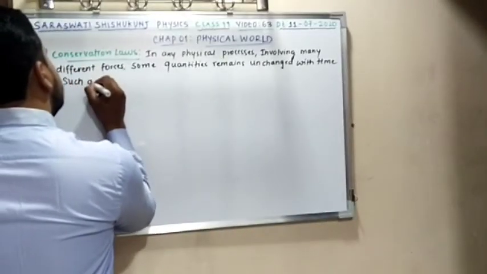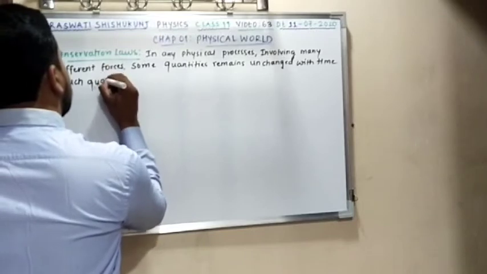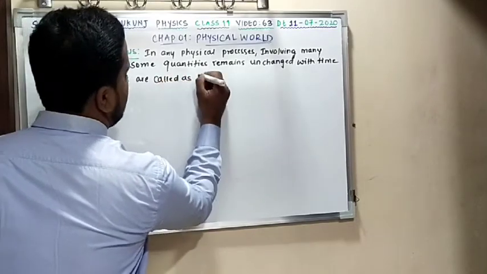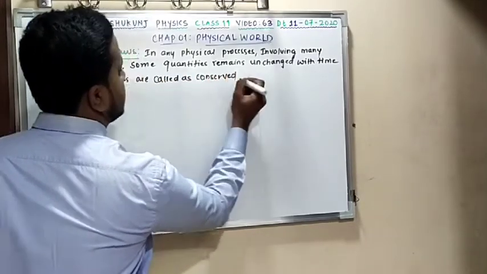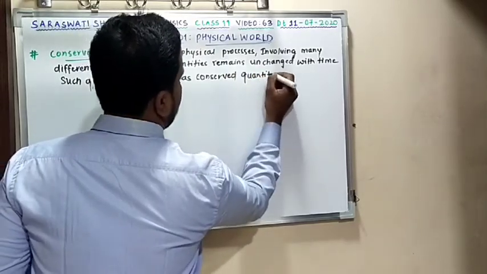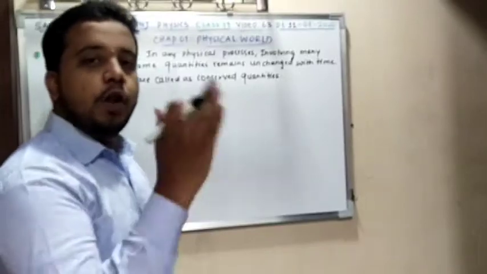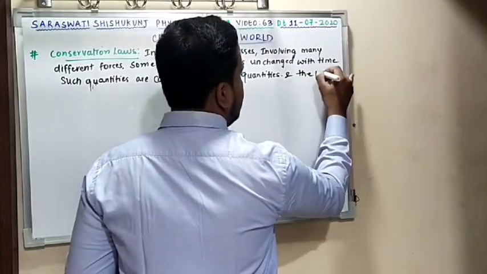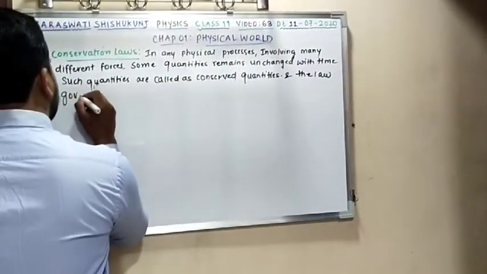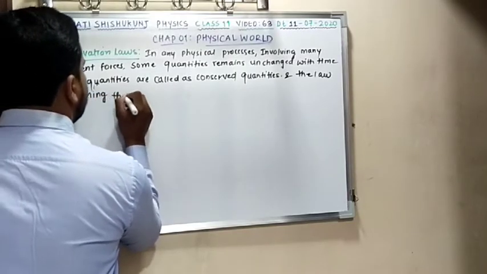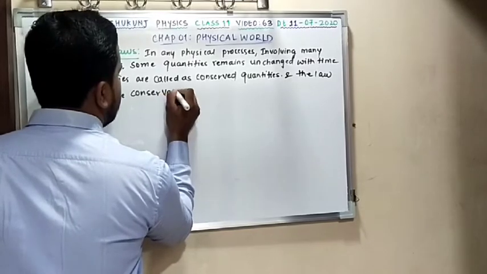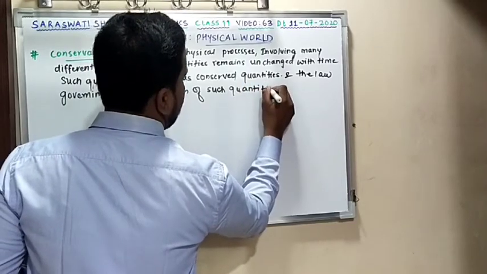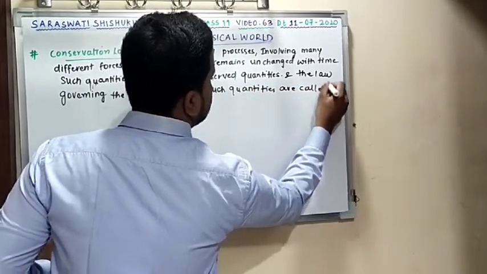Such quantities are called conserved quantities. Very good. And the laws governing the conservation of such quantities are called conservation laws.